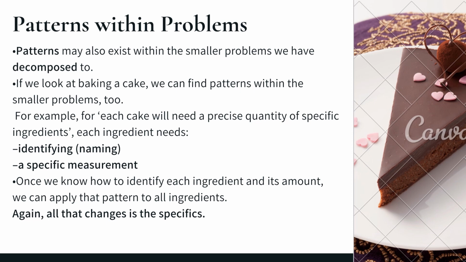So once we know how to identify each ingredient and its amount, we can apply that pattern to all ingredients. So both patterns among problems or within problems are all called specifics, which sometimes are not important, are irrelevant, and we just might ignore.